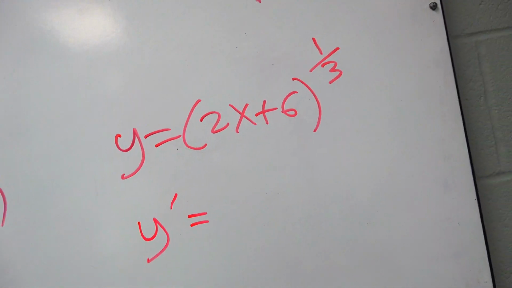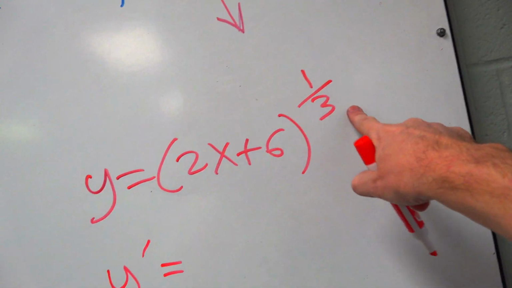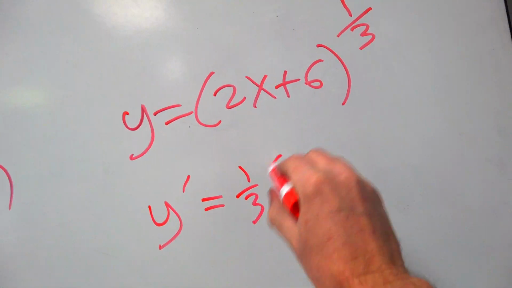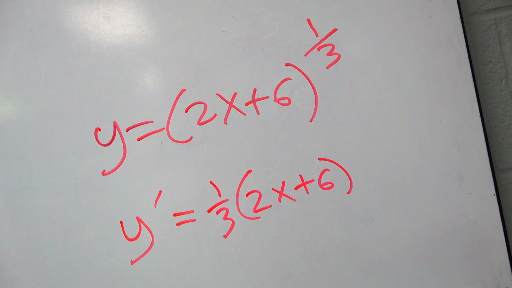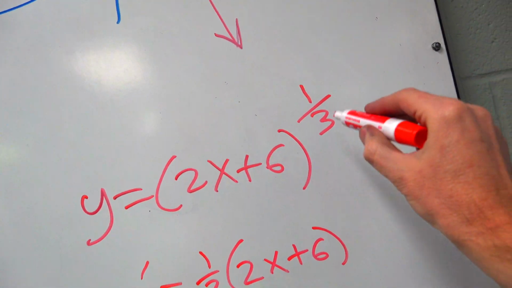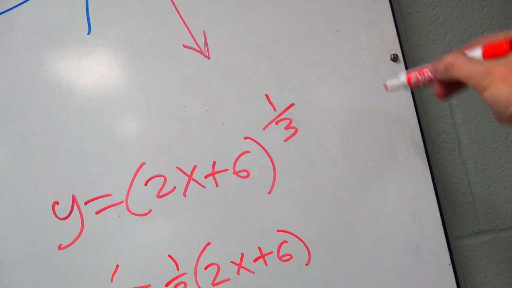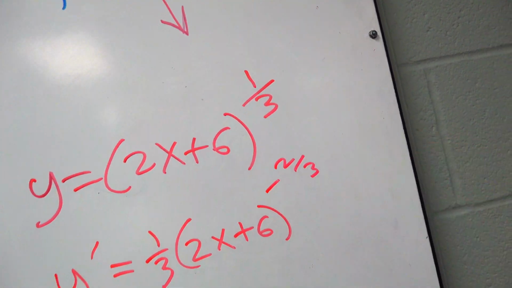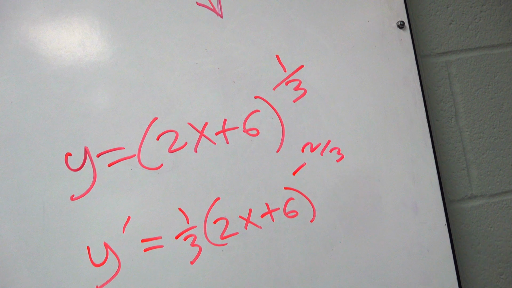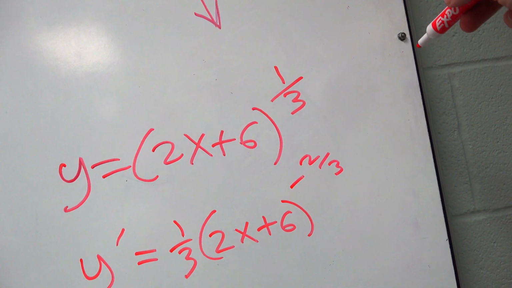So the derivative to find the tangent slope would be 1/3 to the front. Base always stays the same. Drop the power by 1, so 1/3 minus 3/3 basically is negative 2/3.